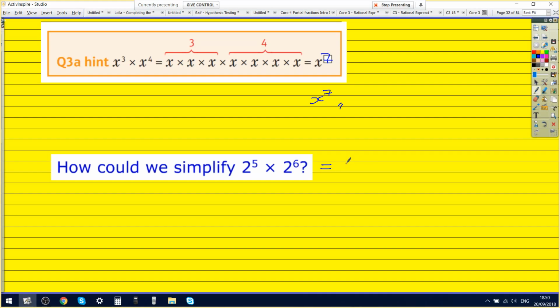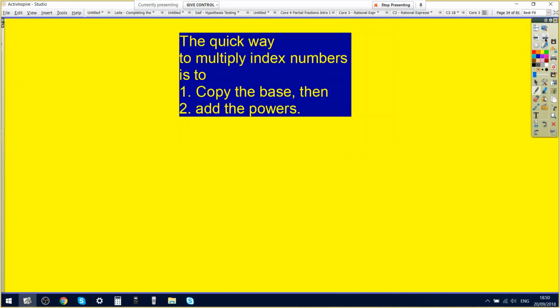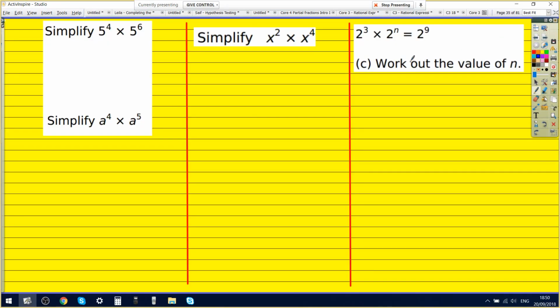I'm not sure, to be honest. What's the quick way of going from, in the previous one, having 3 and 4 to just 7? In the previous one, you had x to the 3 times x to the 4. In total, 7 x's. So 2 to the 11. Yep, 2 to the 11. That's it. So it's not dividing, it's times. So you copy the base, add the powers.